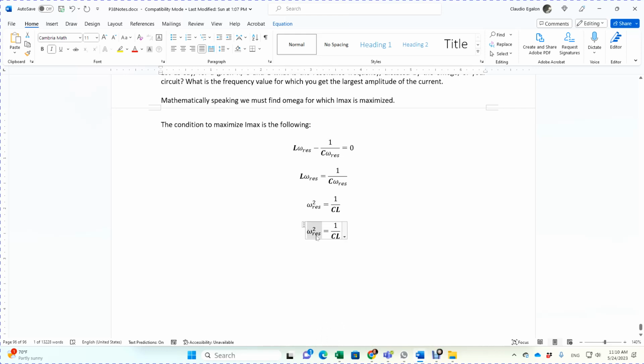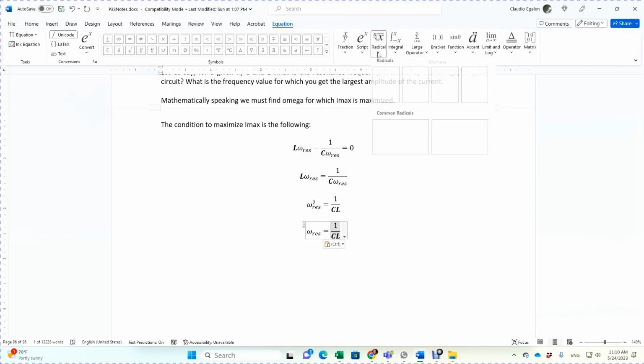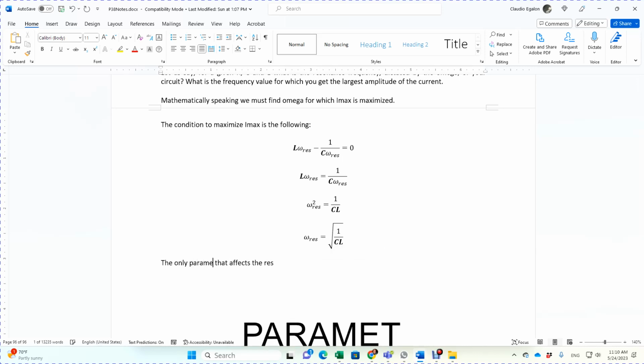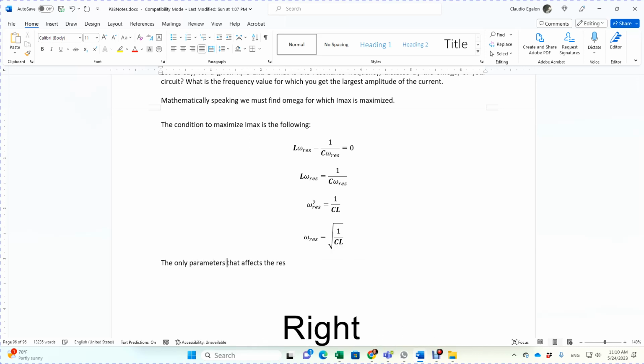Because we still have this situation, and now we come up with the square root. Okay, so notice that the only parameters that affect the resonance frequency, you see, are the capacitance and inductance.